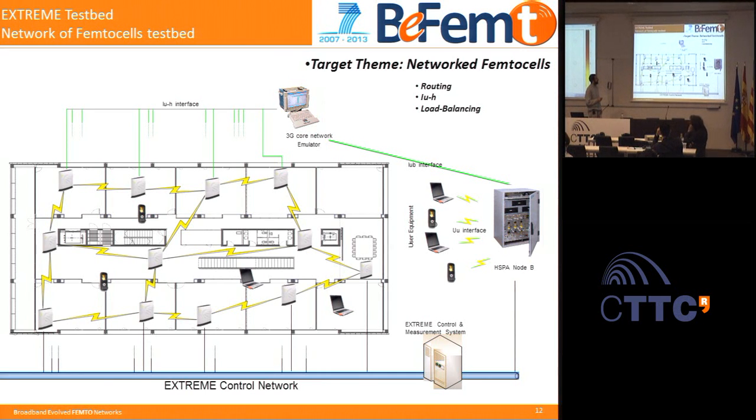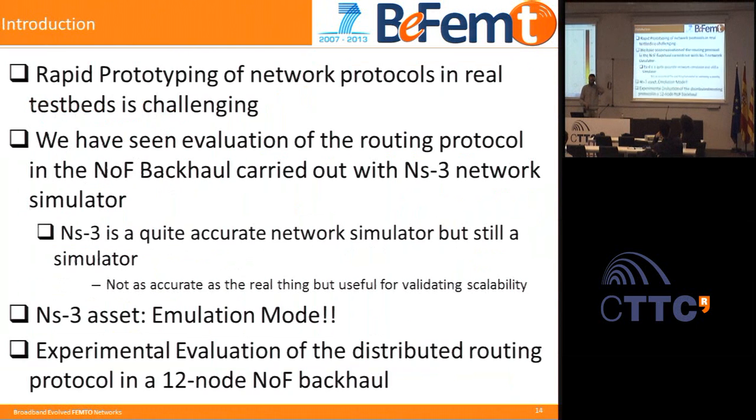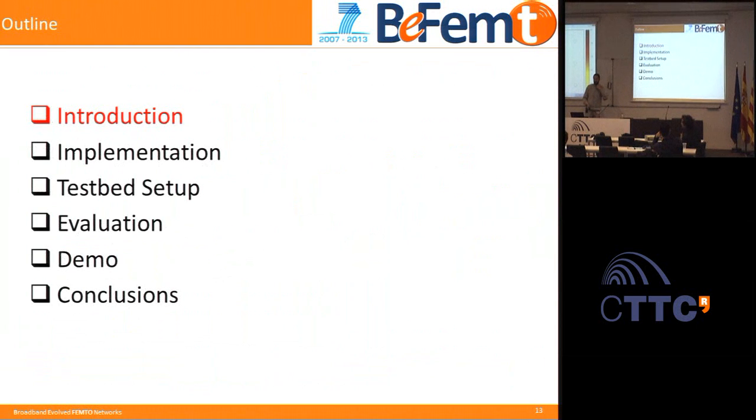So this device is providing the home node B gateway side of the story, so the core part of the story. And this is what I just explained, the framework that we have. And now let's move on again to the details of how the routing is implemented on top of the testbed.